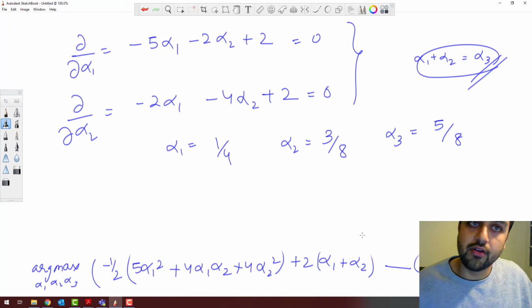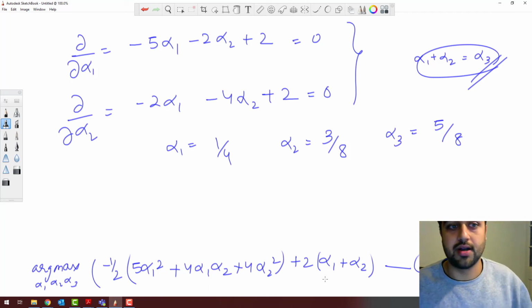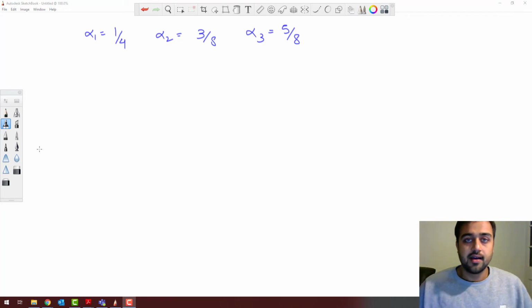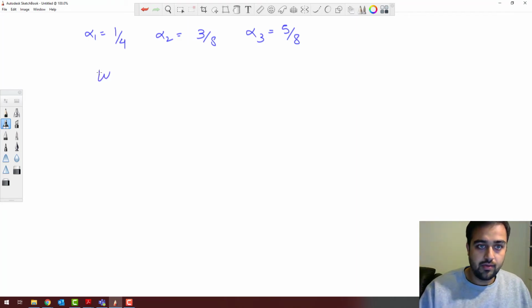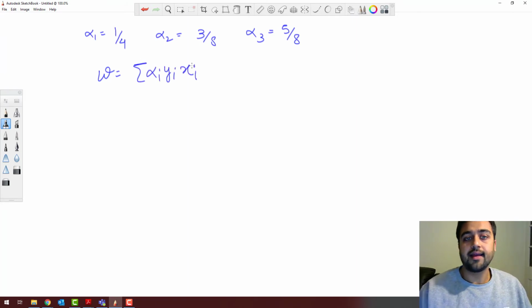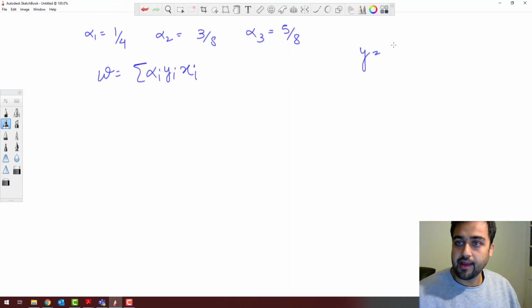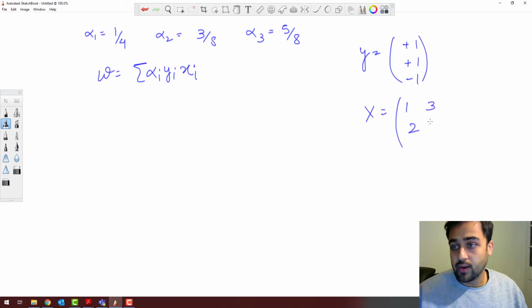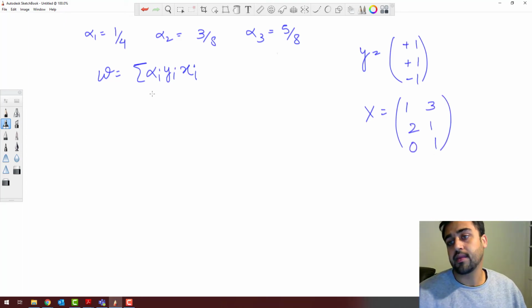Now we can proceed to find our value of w, the size of our margin, right? So if you remember from the slides, we know that our w is given as sigma of alpha i yi xi, right? We have our values of alphas, we have our values of y, that was plus 1 and minus 1. Similarly, we have our values of x's. What were our values? X's were given as 1 3, 2 1 and 0 1, right?